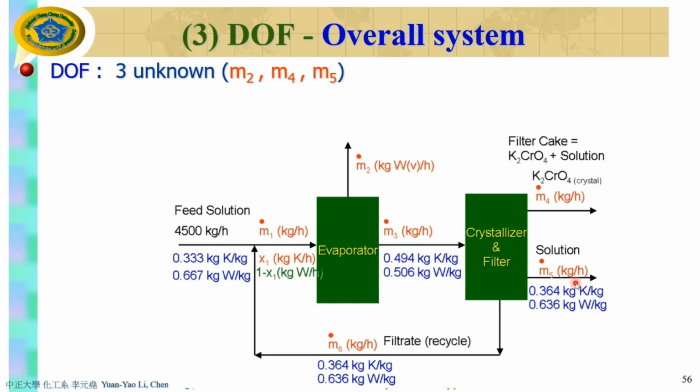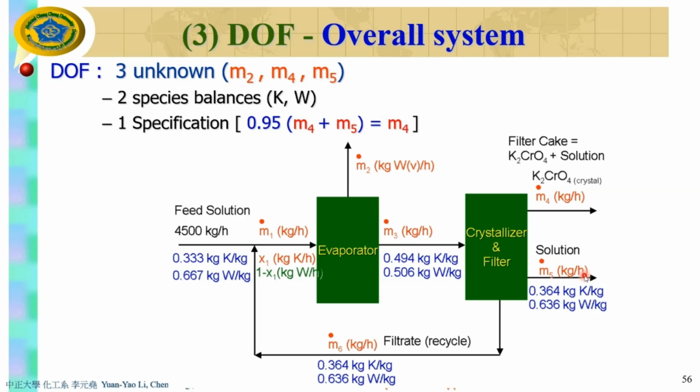First of all, you have 4 directions to think of the equations. The first direction is how many species. There are 2 species, potassium chromate and water. And then second, the specification.